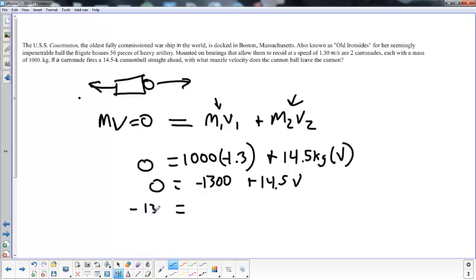And when we add it to both sides, we have positive 1,300 kilograms equals 14.5 V. Then we divide both sides by 14.5. Your velocity of your cannonball is 89 meters per second. Positive. So the ball goes positive, the carronade goes backwards.